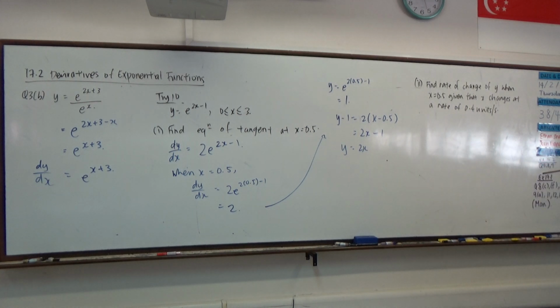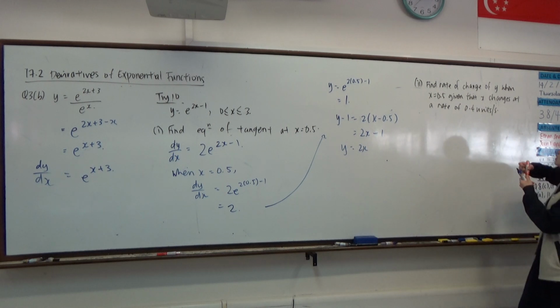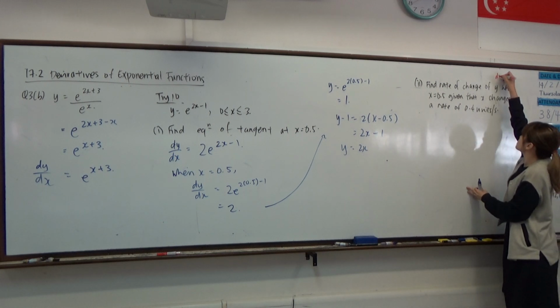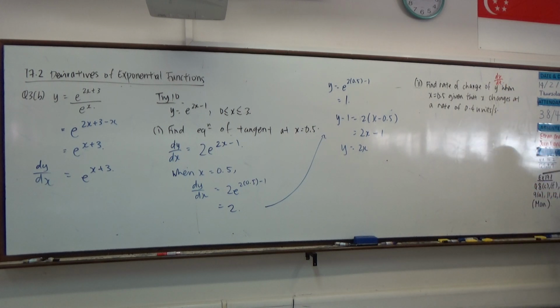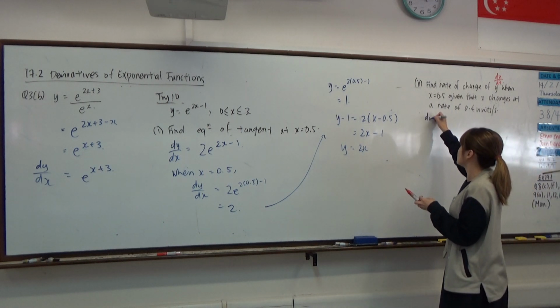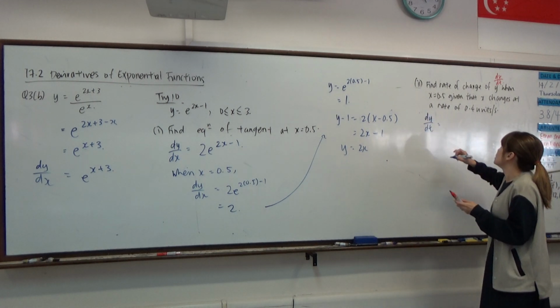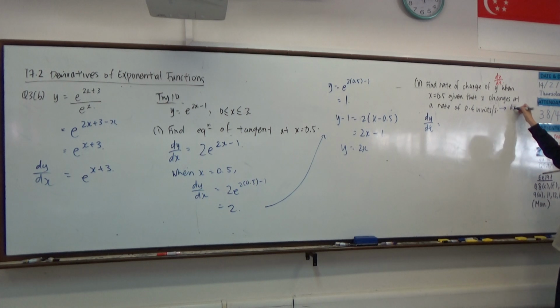Okay, then for part 2, we are told that the rate of change of x is 0.4 units per second. We want to find the rate of change of y, meaning we want to find dy over dt. 2 times 0.4. Why is it 2 times 0.4? Because 0.4 is dx over dt.